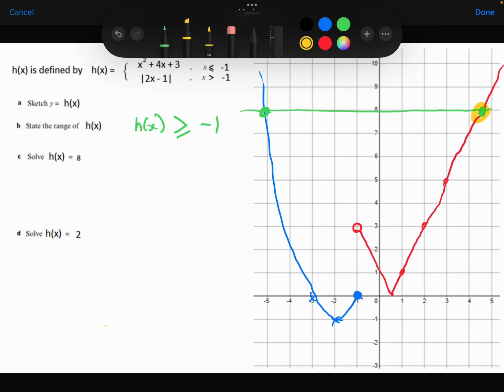So that part didn't get multiplied by minus 1. That's the regular 2x minus 1 part of the graph. So let's find when does that equal 8. So if we add the 1 to both sides, so x is 4.5, which does make sense. So that's one solution.